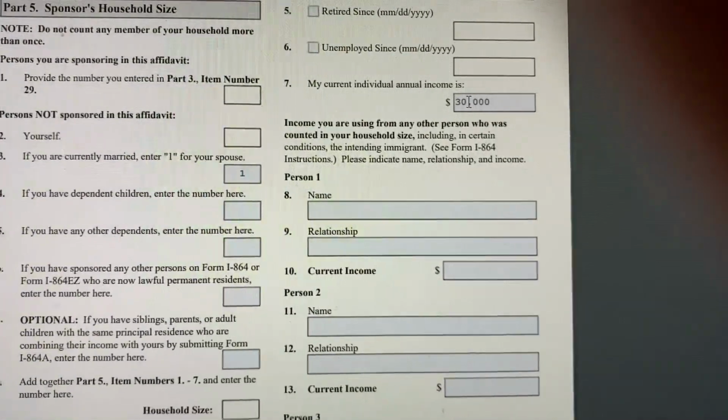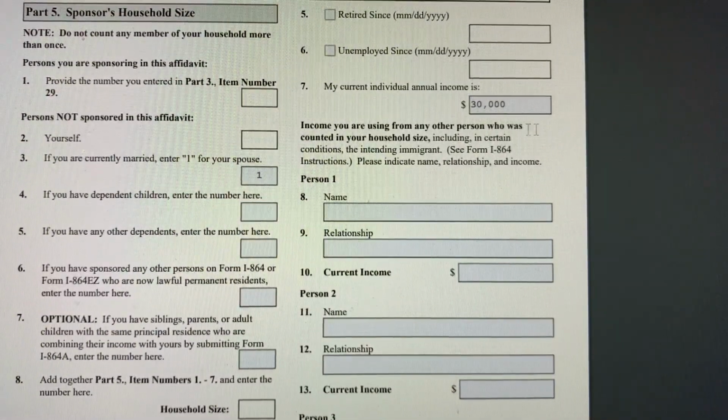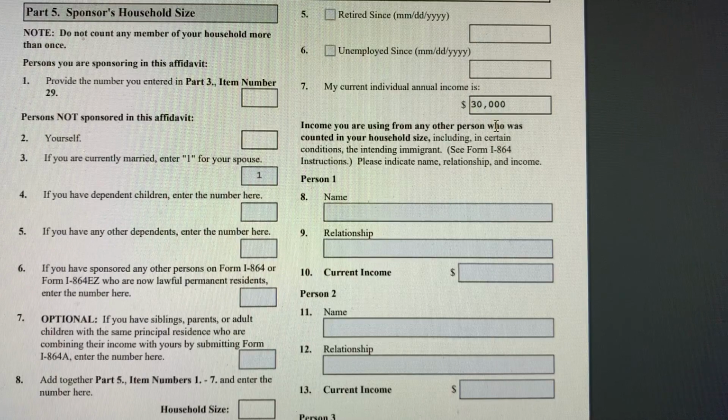So what I said, this is case to case basis. It depends on how much your petitioner, your sponsor, earns. So I would say 25 or 30. That's up to you. You can see your sponsor's income on his income tax return, on his W2s or 1040s. Yeah, you can see your yearly annual income, your current income.